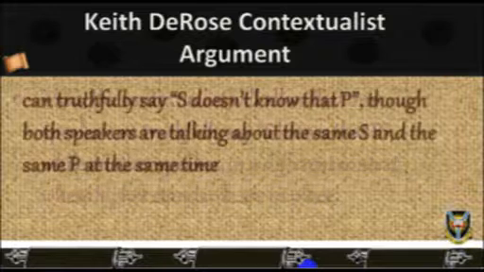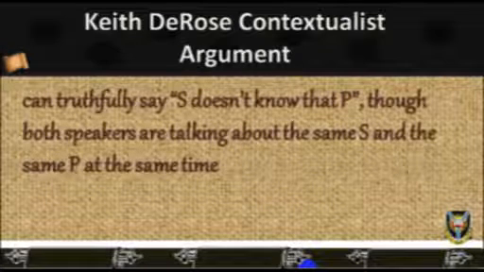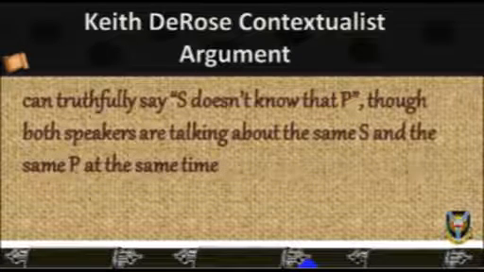According to Keith DeRose, the character of S knows P requires that S should believe P, that P should be true, and that S should be in a good enough epistemic position with respect to P. But what is good enough varies with context. Hence, the context of a knowledge attribution determines the level of epistemic position that counts as good enough in that context.